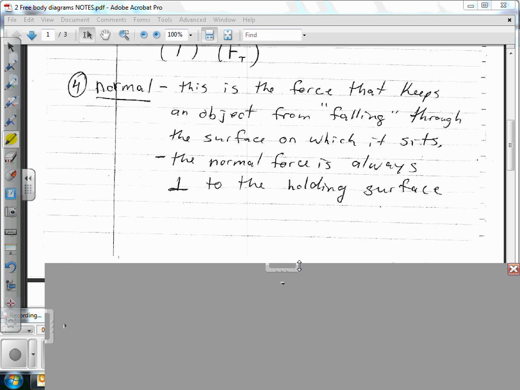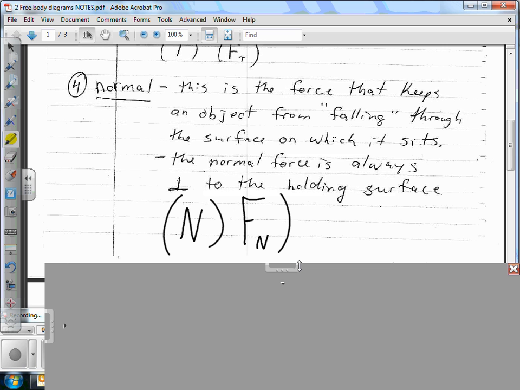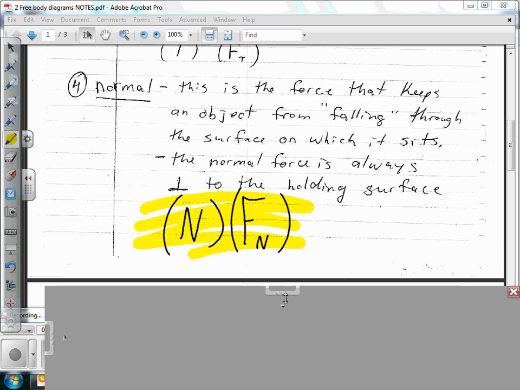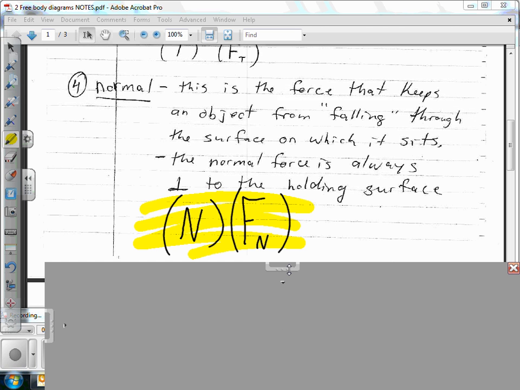And I guess I don't have on here what I abbreviate that is, but it could be N, it could be force sub N. Those two would probably be the most common abbreviations that I would use. Okay. And yesterday we talked about how that changes with the angle of the ramp, right?